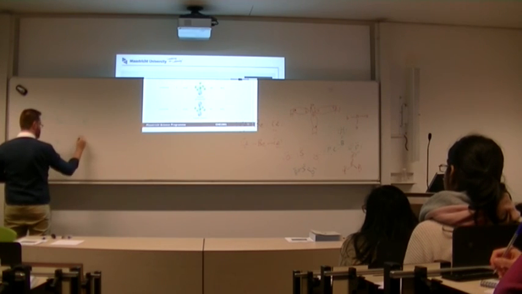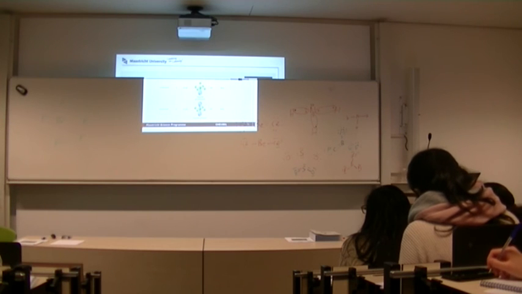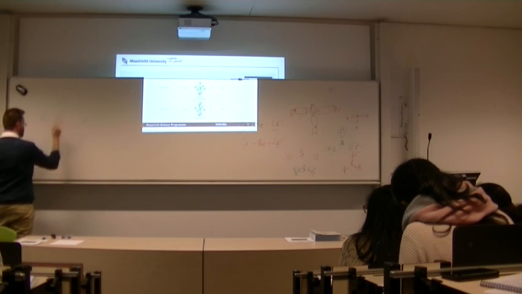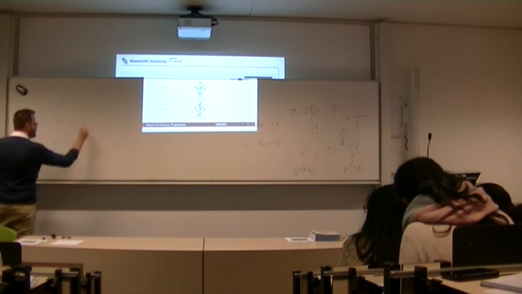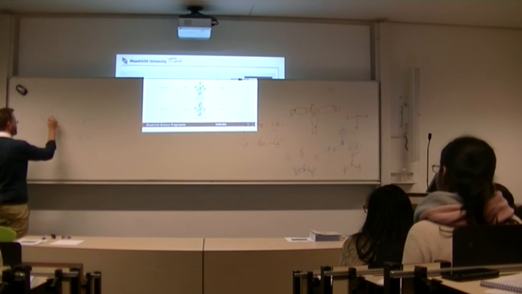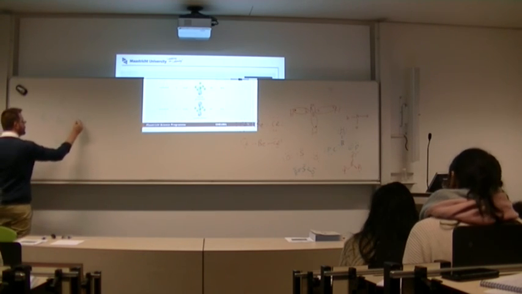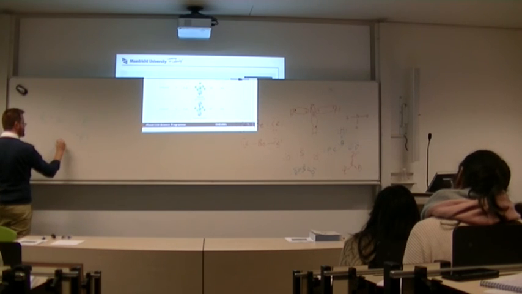Just put them in. How many valence electrons does fluorine have? 7. So just to save time, I'm going to draw the lone pairs like that, which is perfectly okay. You can do it, that's fine.